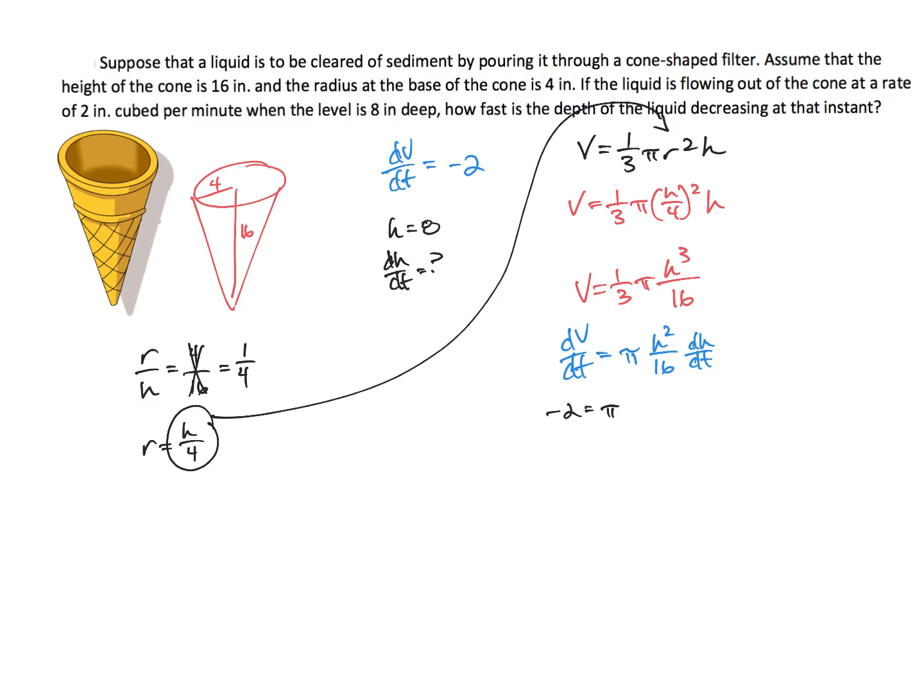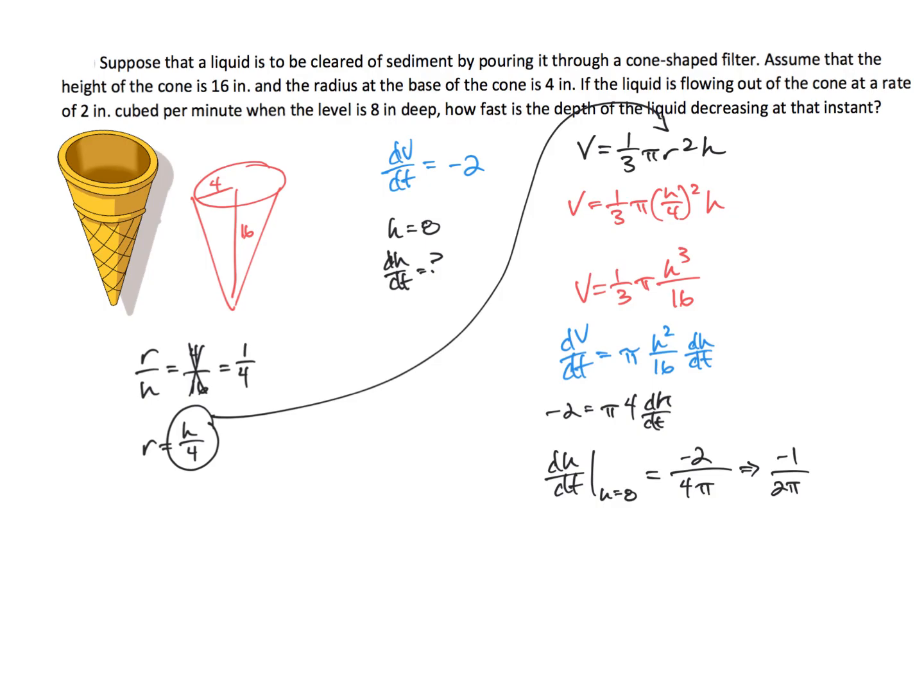And then what's my h? 8. So 8 squared is 64. 64 divided by 16 is 4. So now dh/dt when my height is equal to 8 is equal to negative 2 over 4 pi, which would be simplified to negative 1 over 2 pi if you wanted to.